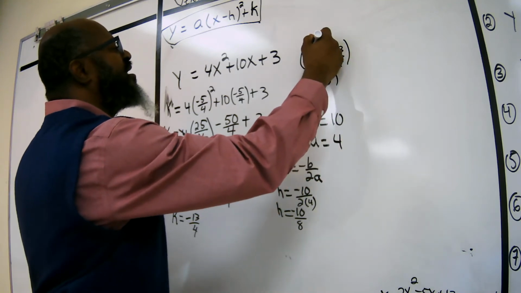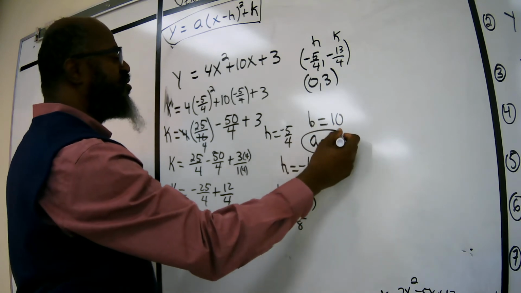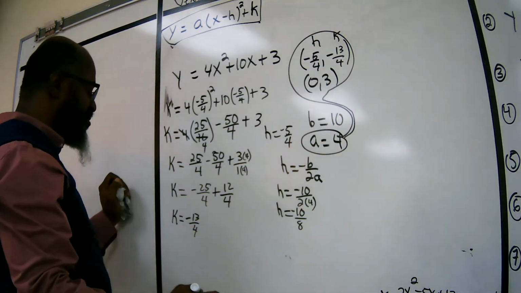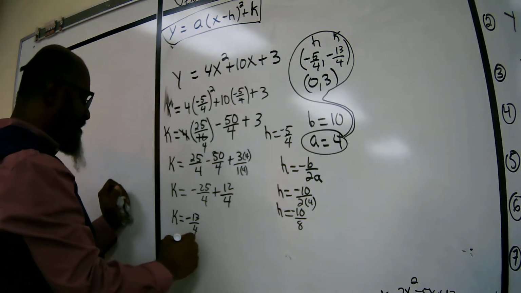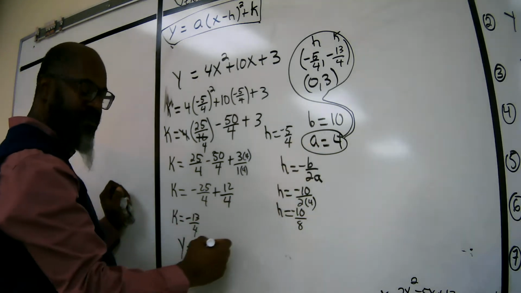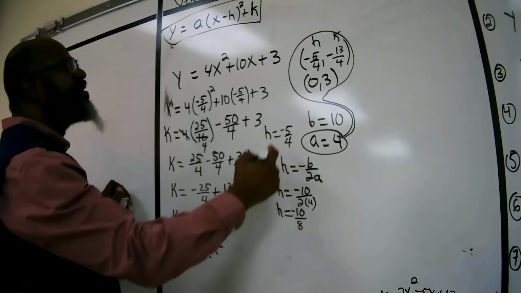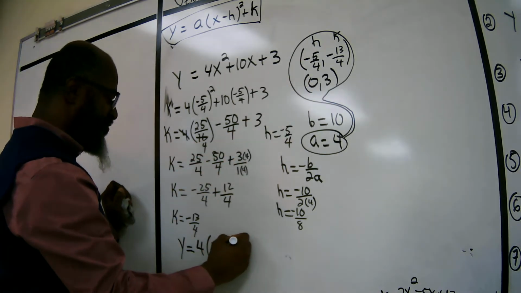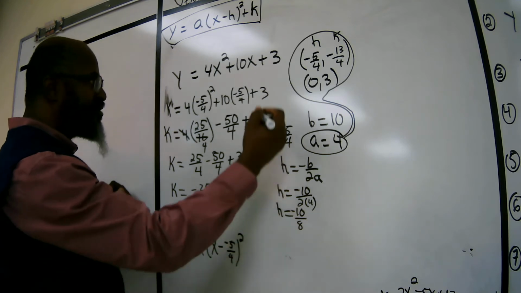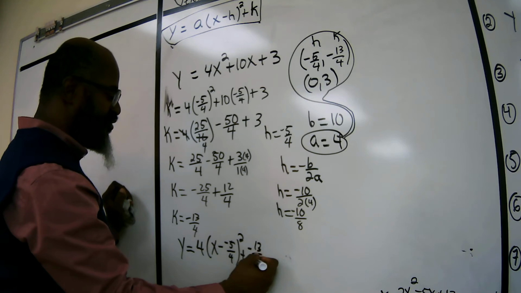Now I know my h, I know my k, and I know a, and I can use this information to put my equation in vertex form. So my vertex form will be y equals 4, which is my a, times x minus 5 over 4 squared plus k, which is negative 13 over 4.